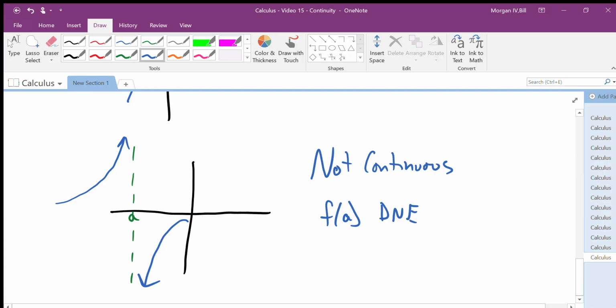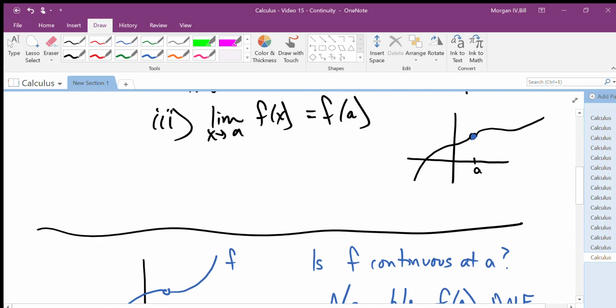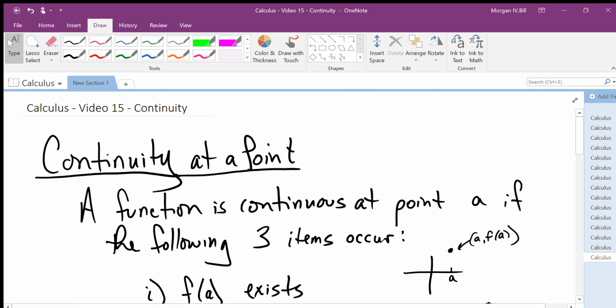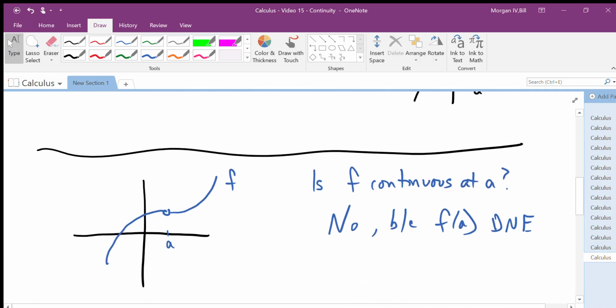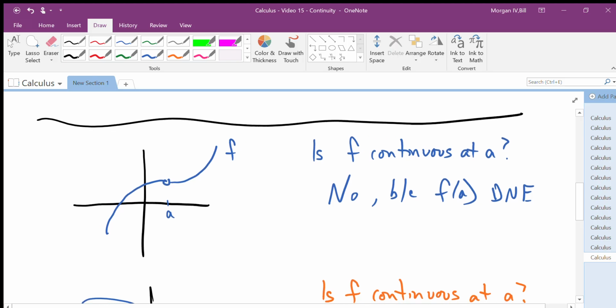It's a vertical asymptote, which means it's not defined there. The overall limit does not exist. So already two strikes against it. And if those two things don't exist, there's no way they can be equal. So this one actually fails all three categories. So there you go. There's the definition of continuity at a point, and a few examples of functions that are not continuous at point A.